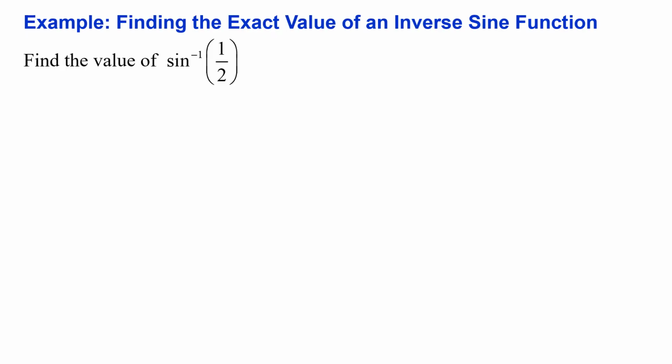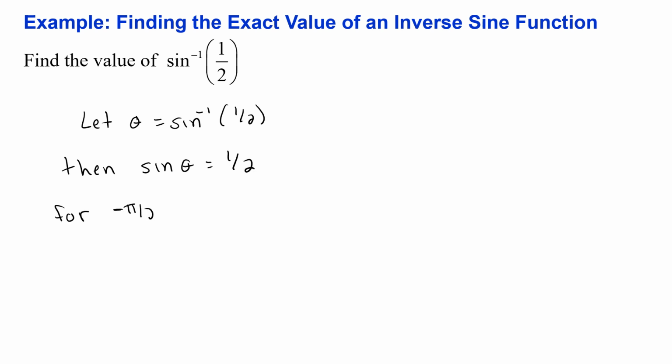In this example, we're going to be finding the exact value of an inverse sine function. Now this problem states, find the value of inverse sine of 1/2. If we let theta equal inverse sine of 1/2, then sine of theta equals 1/2 for -π/2 less than or equal to theta, less than or equal to π/2.